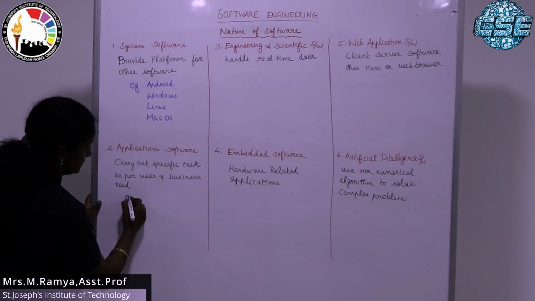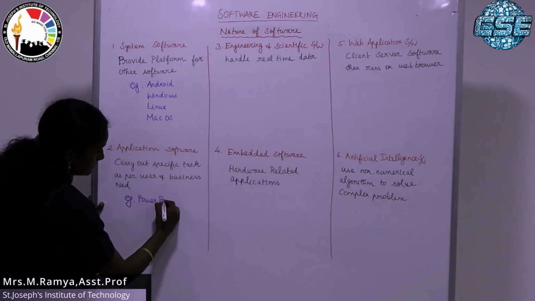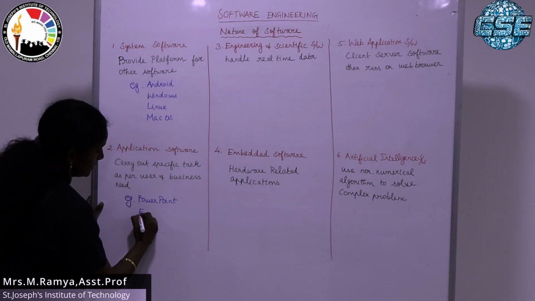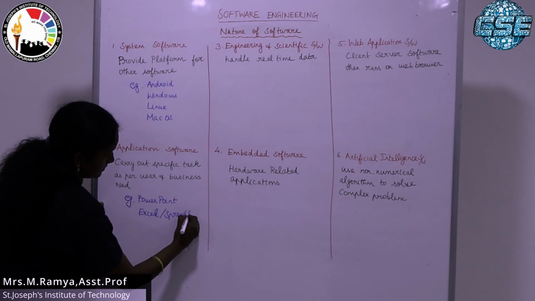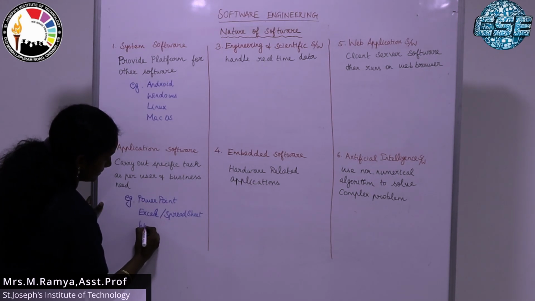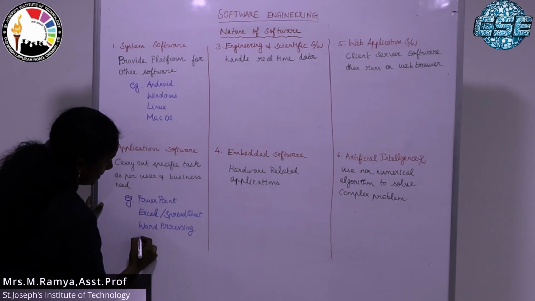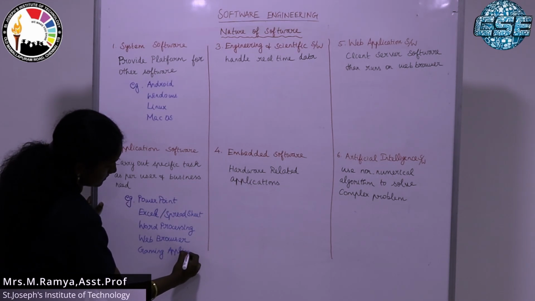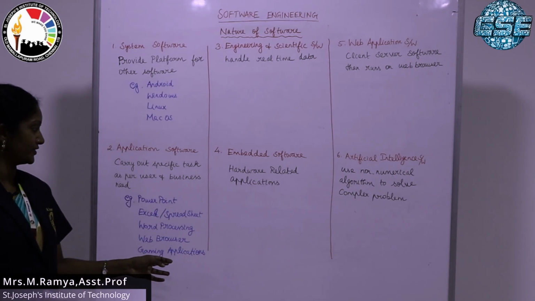For example, PowerPoint, Excel or spreadsheet, word processing, web browsers, gaming applications, etc. These are some of the examples of application software.